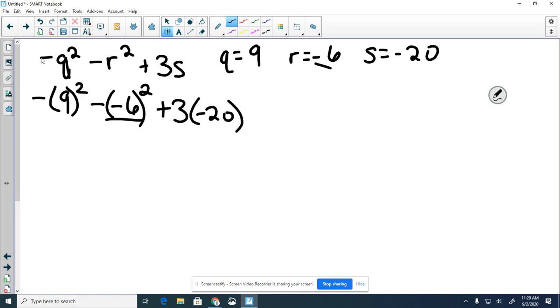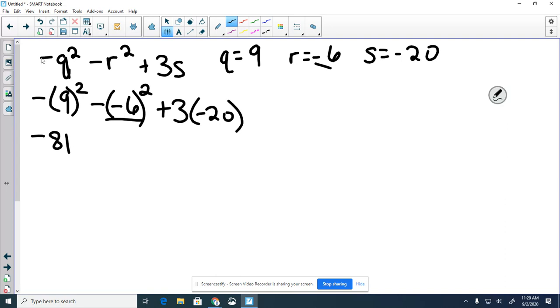Alright? Now, 9 squared, that is 9 times 9, which is 81. And this negative is still out front, so I just slap that negative on my 81. It doesn't go anywhere. You just slap it on the front. Negative 6 squared is negative 6 times a negative 6, which is a positive 36.